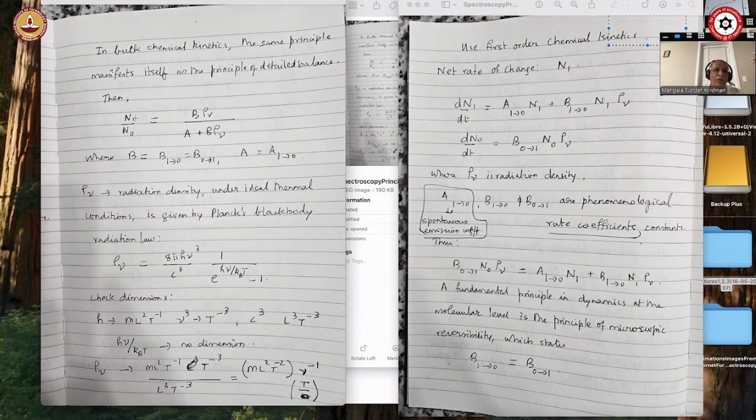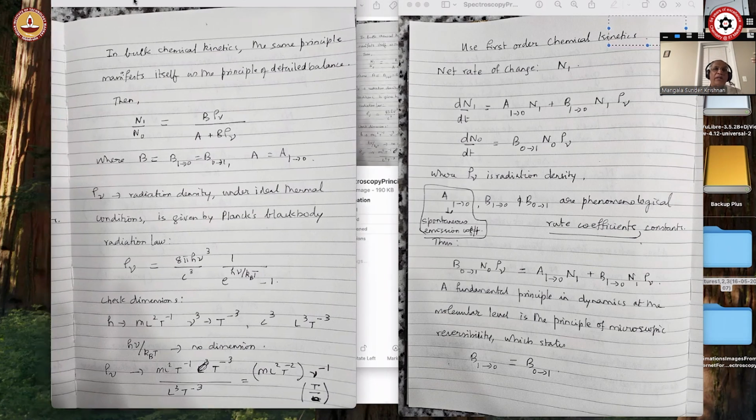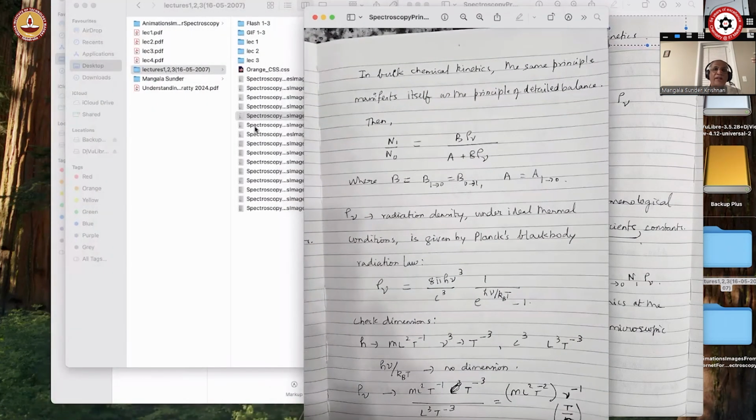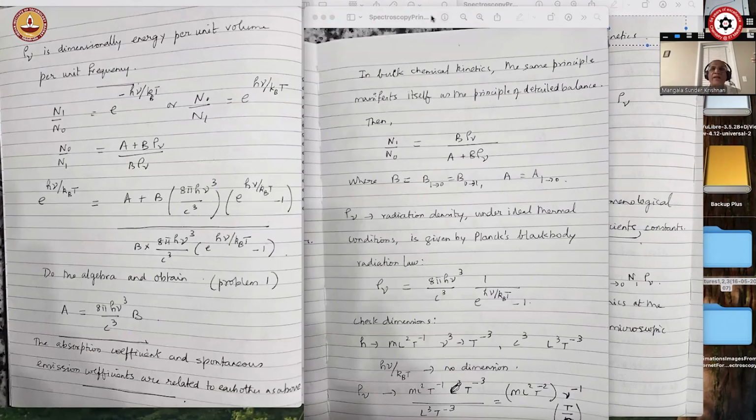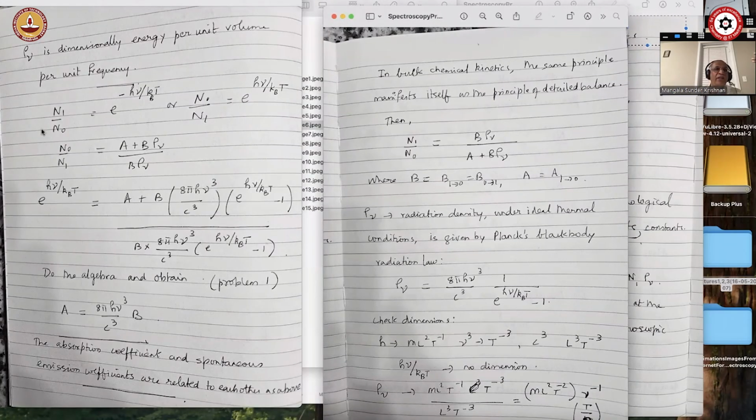And you know N1 by N0 also is given by the exponential formula. N1 by N0 is given by exponential of minus h nu by kT. So suppose we write N0 by N1, we do the reverse.